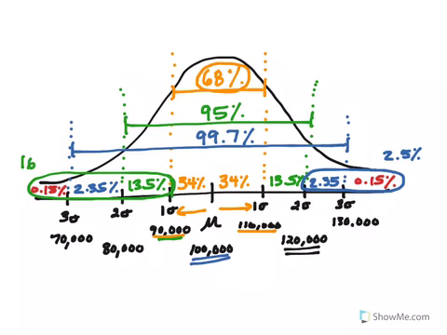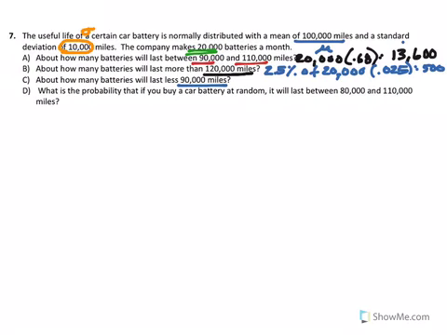So 16% applied to the 20,000, we would say is 0.16 times my 20,000 is going to be equal to 3,200.